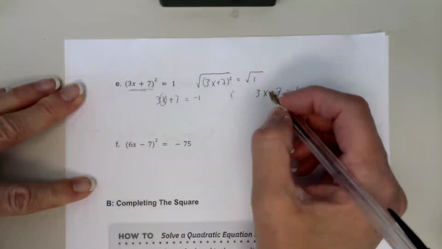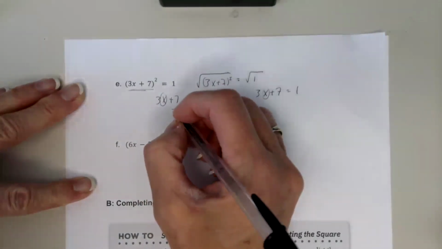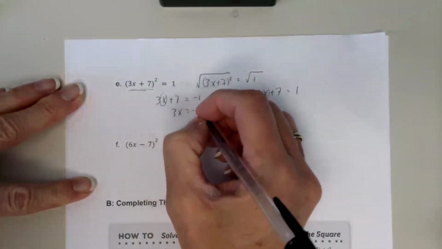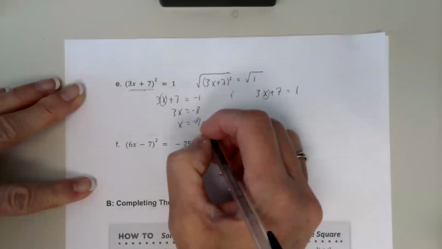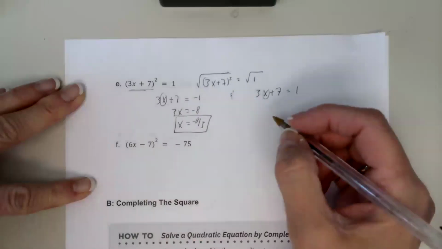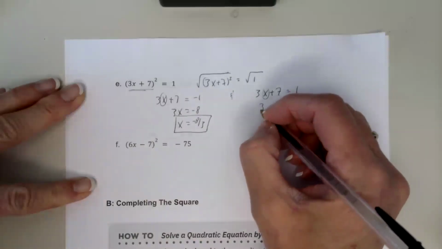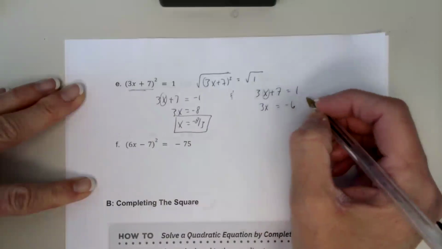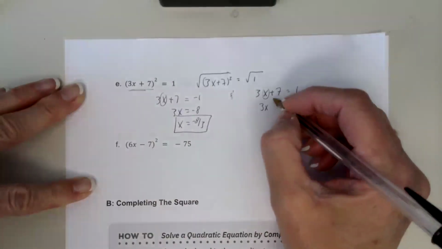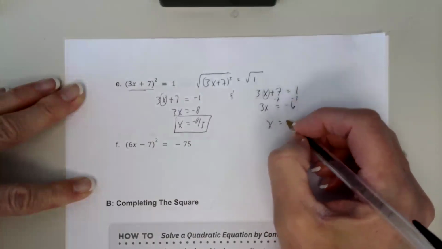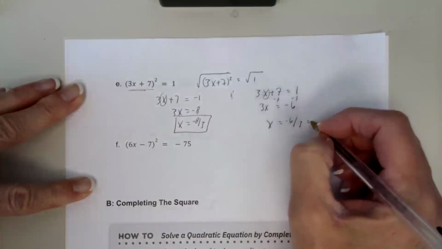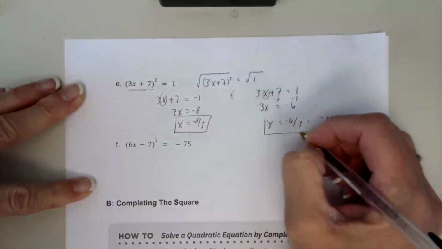And then I'm just solving for x on both of these. So I'm going to subtract 7 from both sides and divide by 3. So I have a negative 8/3. I'm going to subtract 7 from this side as well, just like I did on the left, and then divide by 3. So a negative 6 divided by 3 is a negative 2.